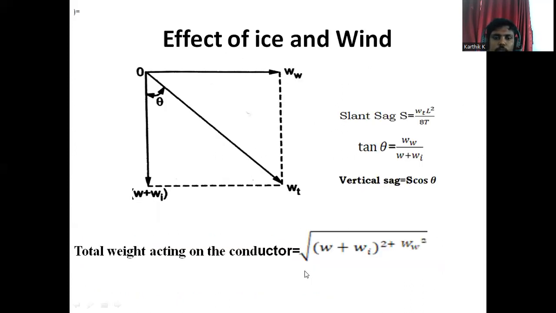For the combination of ice and wind, the sag formula is S equal to WT into L square by 8 T, tan theta equal to Ww by (W plus Wi), and the vertical sag is S cos theta.